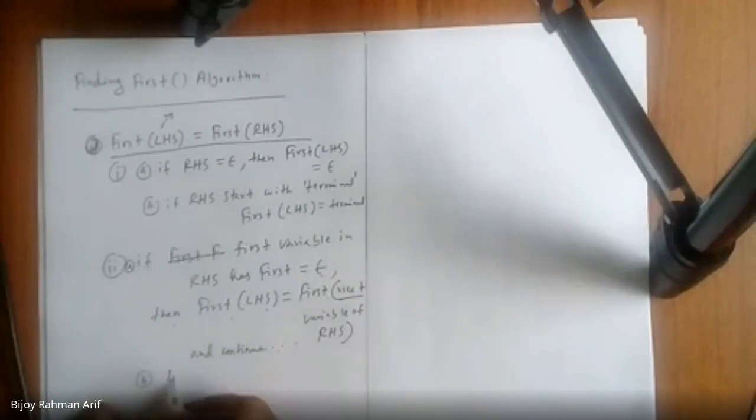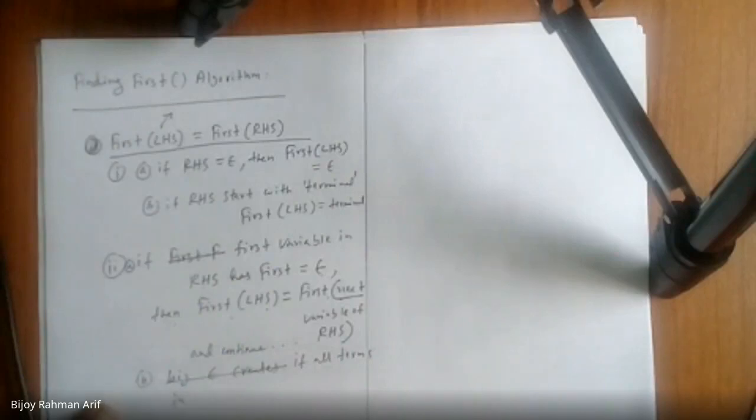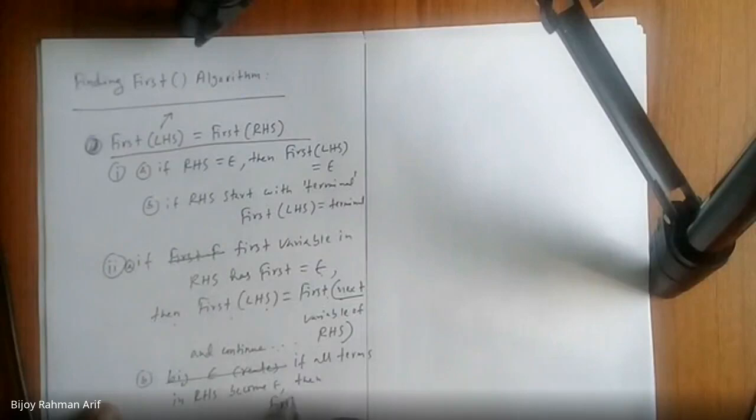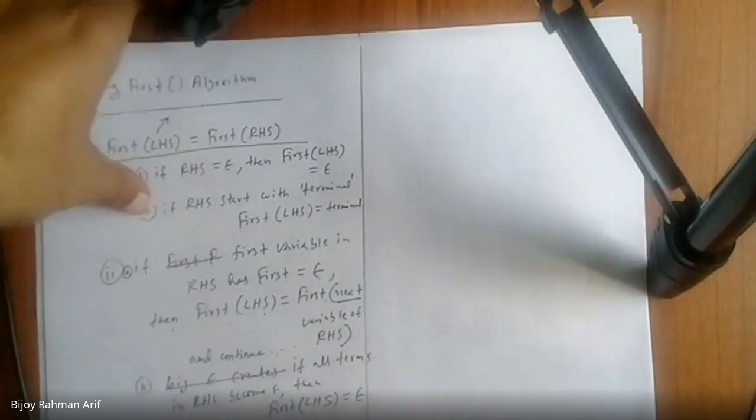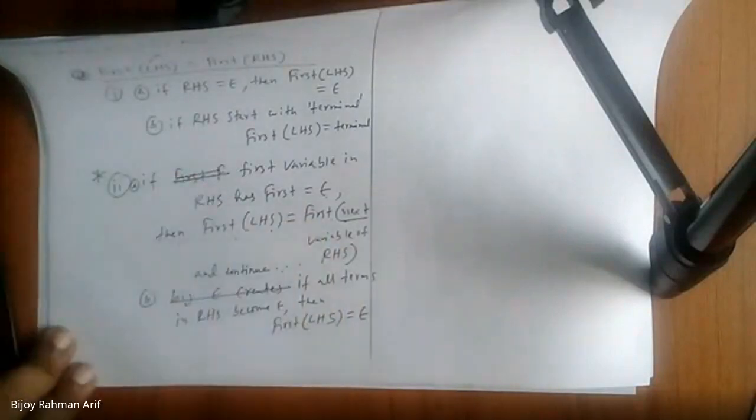And a big epsilon arises when all terms in RHS become epsilon, then first of LHS is epsilon. So we are done with the algorithm. But he has already pointed out the concept: this one is recursively generated.